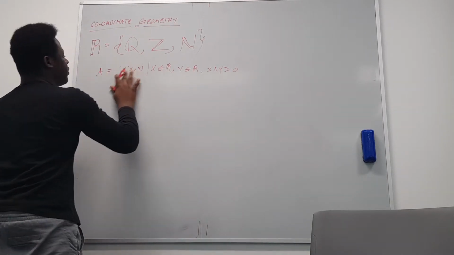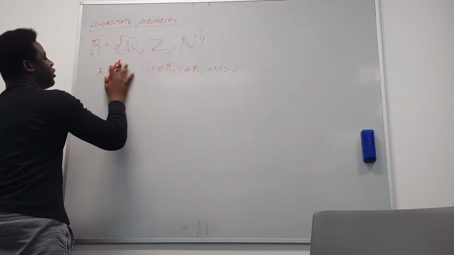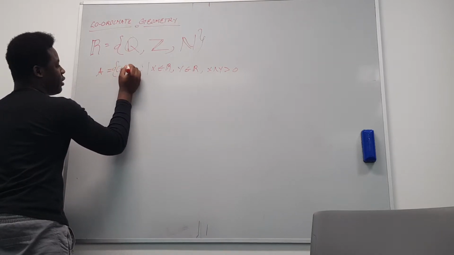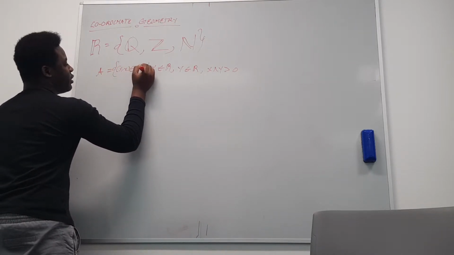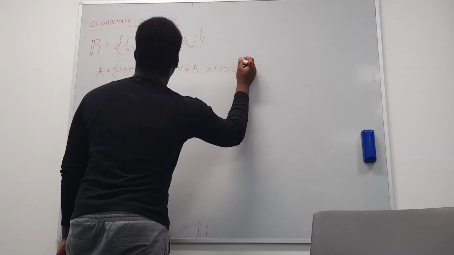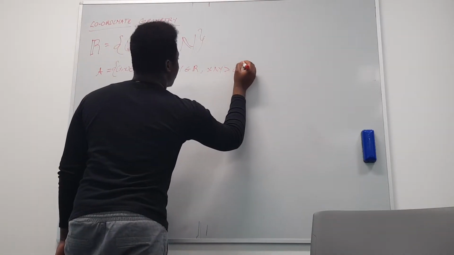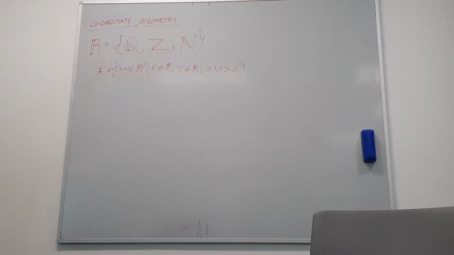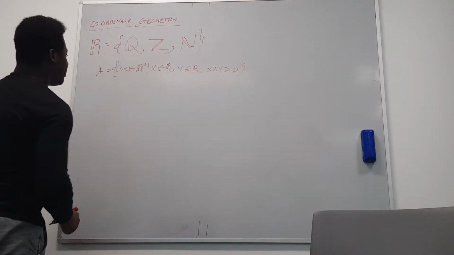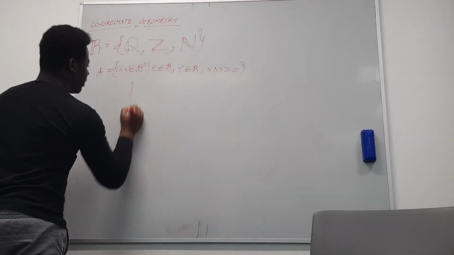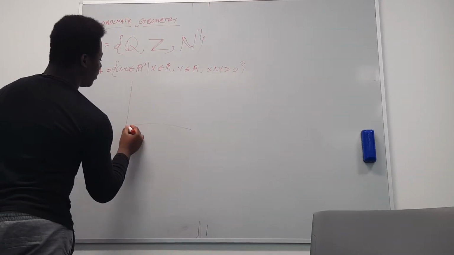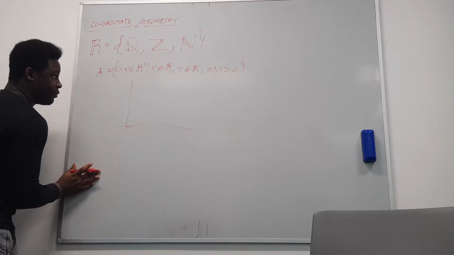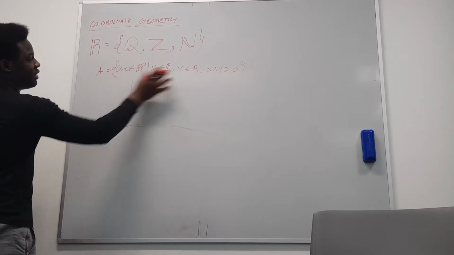So x comma y is a member of the real number system squared. So this set defines part of this coordinate system. It'll be all the numbers here and all the numbers here, disregarding all the numbers here. That's what this set will be.